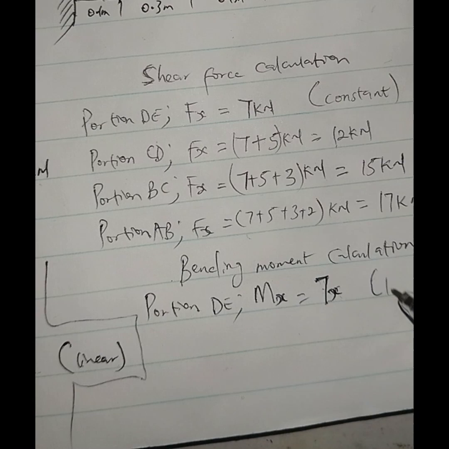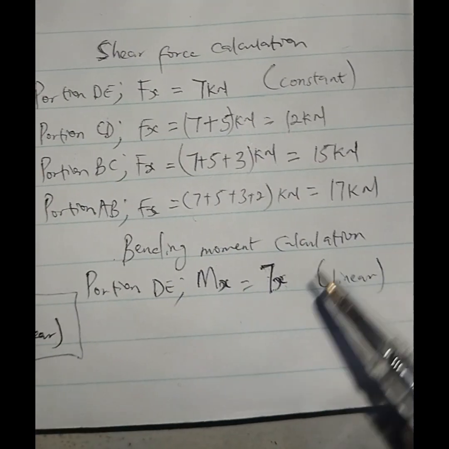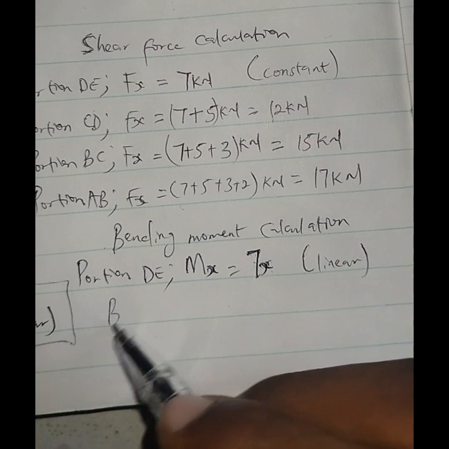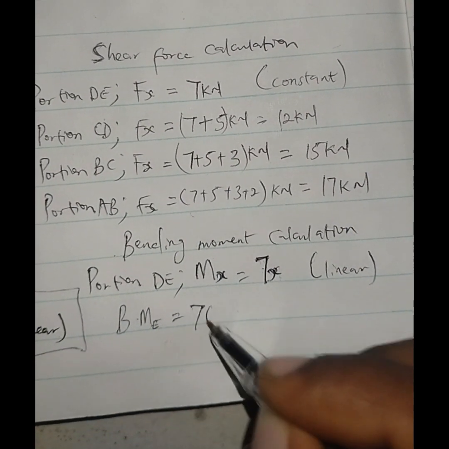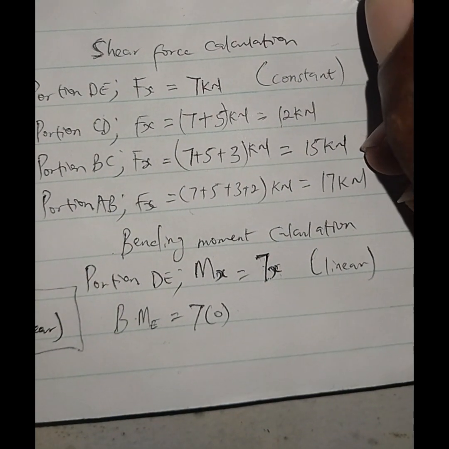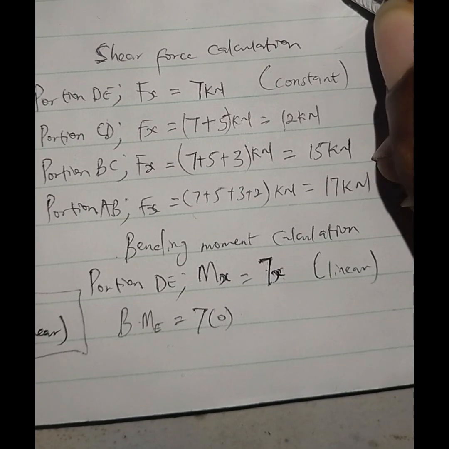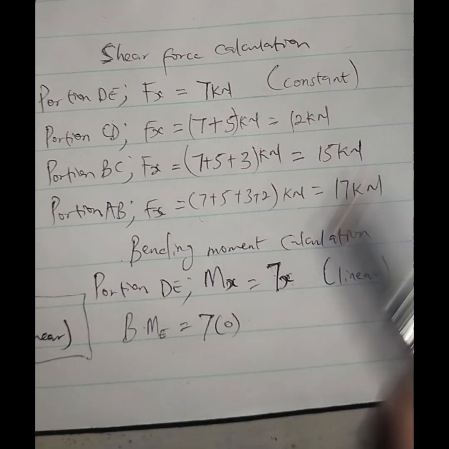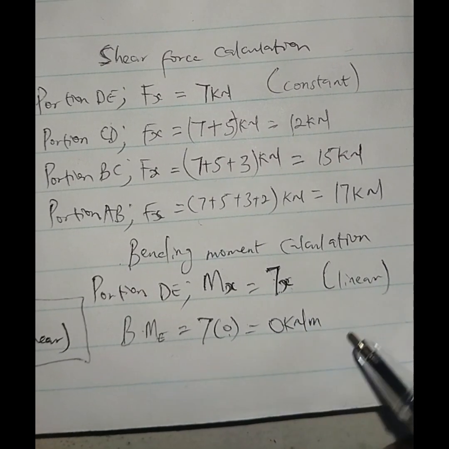So now this is what? Linear. You must indicate it there. So now the bending moment at E is equal to 7 times 0, because this is at E. It has not moved any distance. There's no distance, so it's just like at a point. So that's why it's 0. That is equal to 0 kilonewton meter.